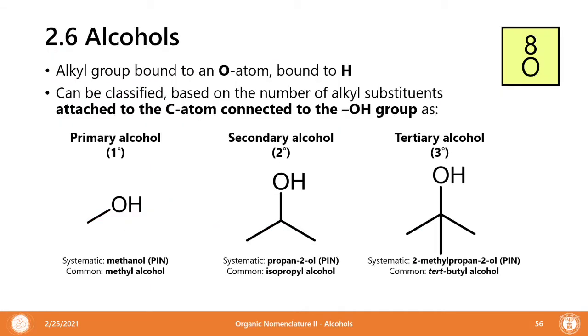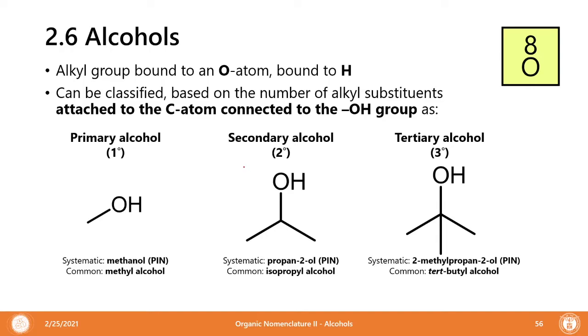Now, let's go on to alcohols, which are a functional group of higher priority than amines. Alcohols are alkyl groups bound to an oxygen atom, like ethers, but the oxygen atom is also bound to a hydrogen atom. They can be classified according to the number of alkyl substituents connected to their alpha carbon, also known as the carbon atom directly attached to the OH group.